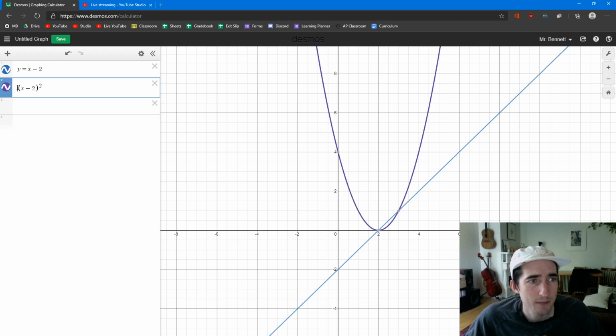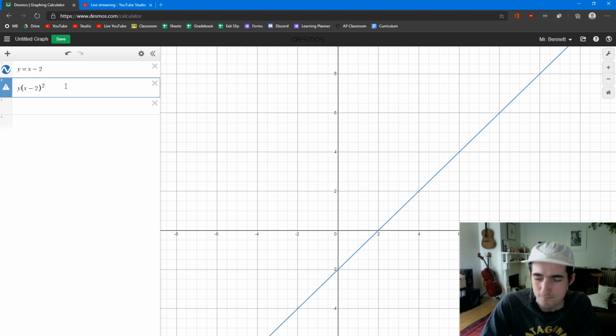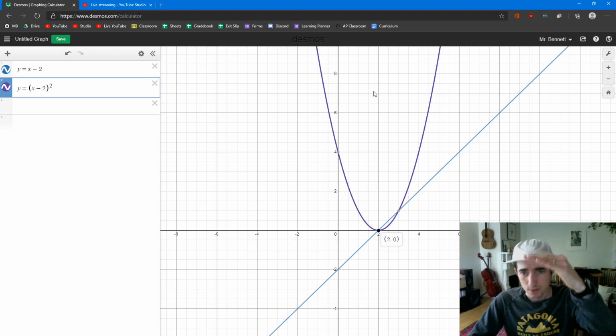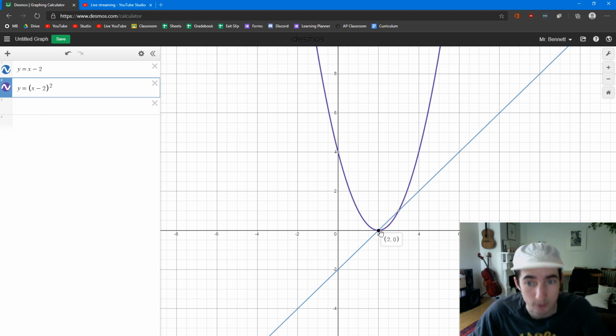And you might be able to see that the whole reason that works is because the only way that y can be equal to 0, right? That's what an x-intercept corresponds to, is when our y value, going up and down, is equal to 0. So that's the only time that it can be equal to 0 is when x minus 2 is equal to 0. Or in other words, when x is equal to 2.